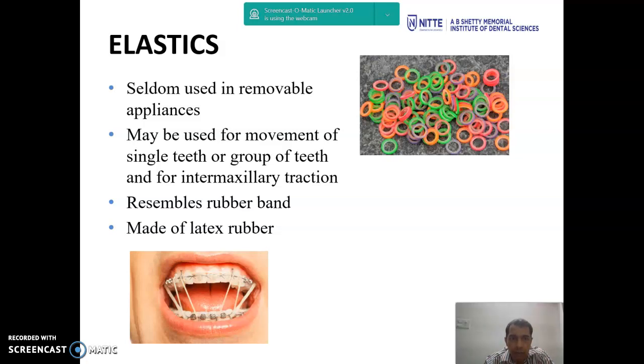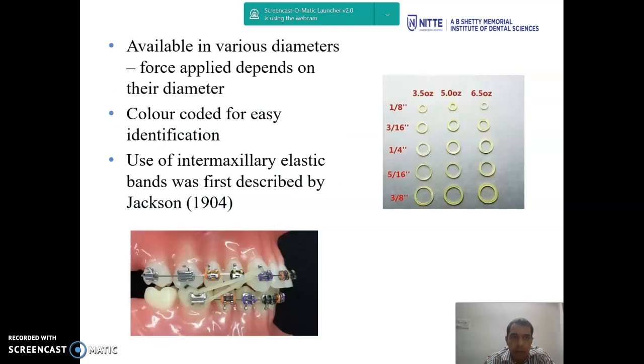They may be used for movement of single teeth or groups of teeth and for intermaxillary traction. It resembles very similar to a rubber band and it's made of latex rubber. They are available in various diameters and the force applied depends on their diameter. They are color coded for easy identification. The first use of intermaxillary elastic bands was first described by Jackson in 1904.